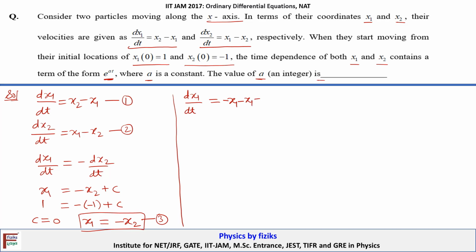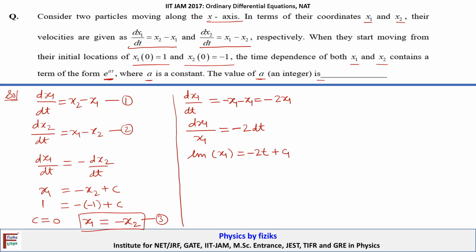which becomes minus 2 times x1. Now to solve this differential equation, we use the variable separation technique, and by using this technique we can write dx1 by x1 is equal to minus 2 times dt, and on integrating we obtain ln x1 is equal to minus 2 times t plus some integrating constant, say c1.